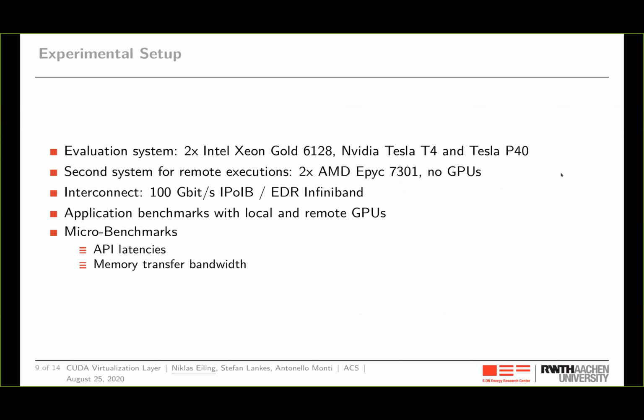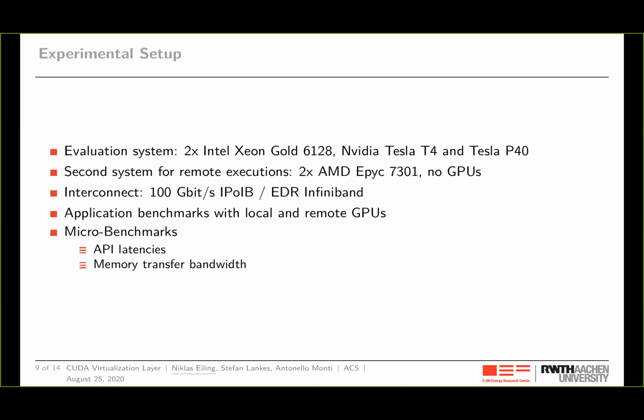To test our virtualization solution, we use 2 systems. First, our main evaluation system consists of 2 Intel Xeon Gold 6128s, one NVIDIA Tesla T4 and a Tesla P40. The second system was only used when we use remote execution.